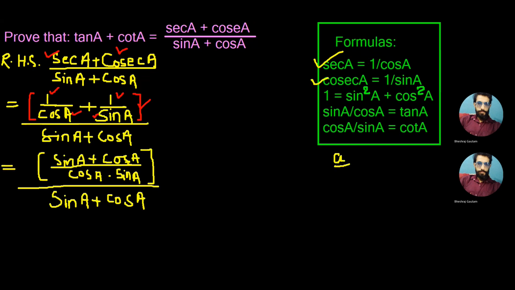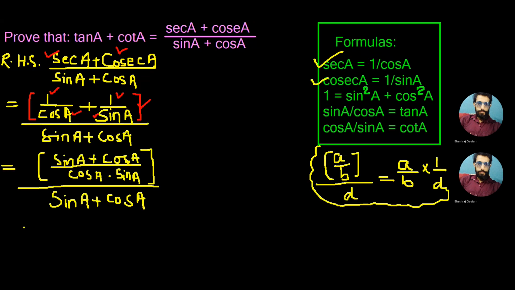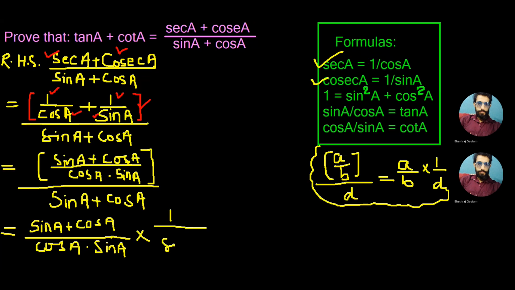And for that, when we have a small fraction over the line in a complex fraction, we can change that as A by B into 1 by D. So changing in the similar pattern, we can write the given step as sinA plus cosA whole divided by cosA into sinA, and changing this into a single fraction, we can write 1 divided by the denominator of the original fraction, that is sinA plus cosA.